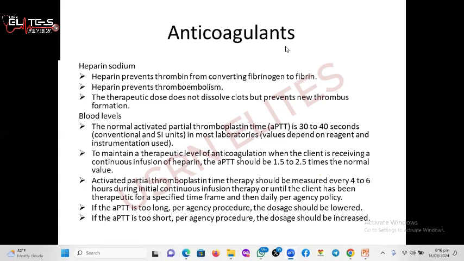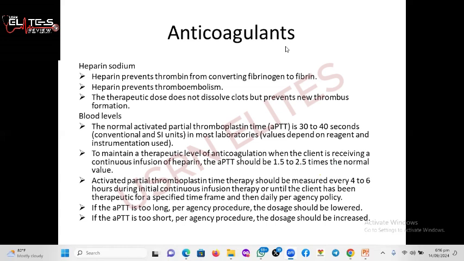I believe we all know heparin, it's a blood thinner. What it actually does is help to prevent clots from enlarging, and it also helps to prevent further clots from developing.